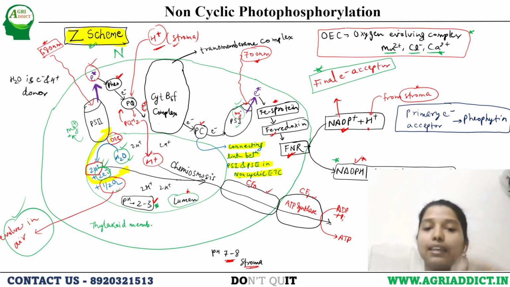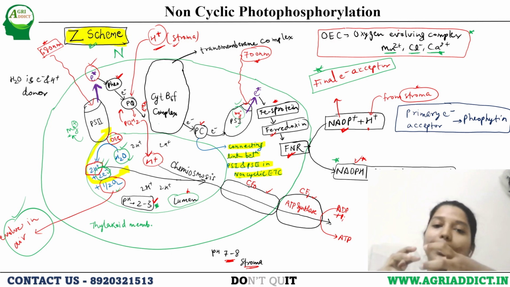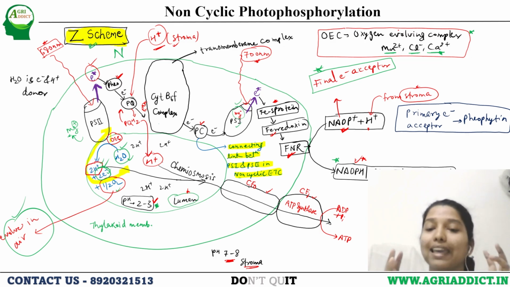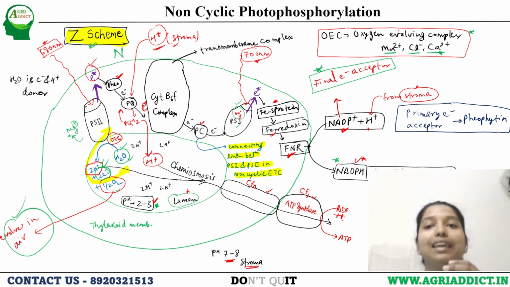From inside, this enzyme will take H plus and rotate like a machine, and then remove it into the stroma. During that, from the stroma, an ADP molecule plus an inorganic phosphate molecule will combine and form ATP.